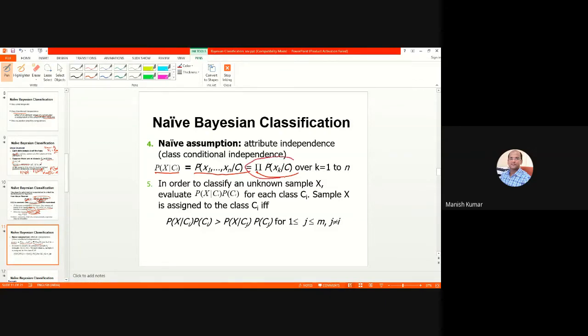That gives ease in computation. So in order to classify an unknown sample X, you have to evaluate this for each class Ci. This is the final function.